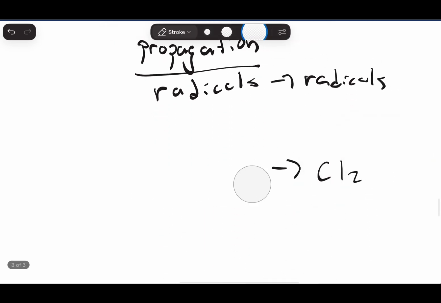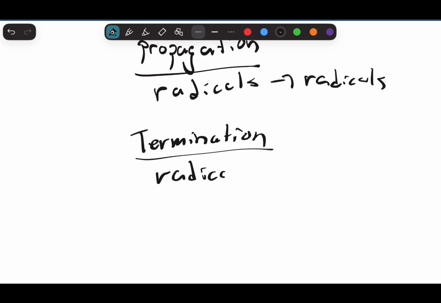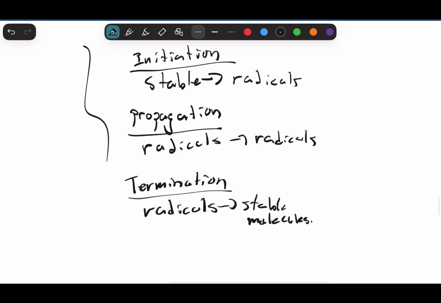And lastly is termination, where radicals form stable molecules. Okay, so these are the reaction mechanisms of radical substitution reaction.